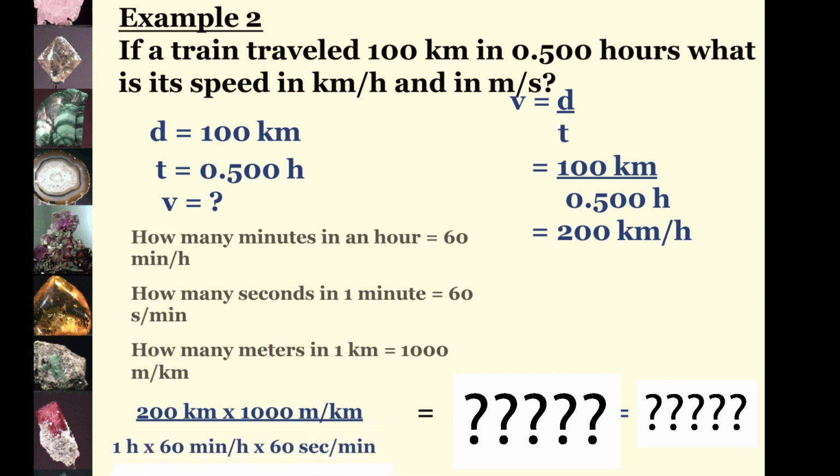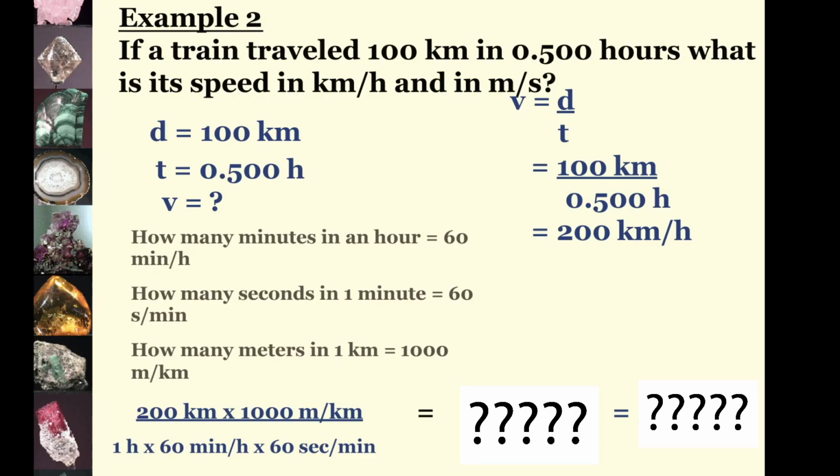And then you would do that over 1 hour times 60, again in order to get the seconds. So what we're doing here is converting time from hours to seconds, and we're converting distance from kilometers to meters.